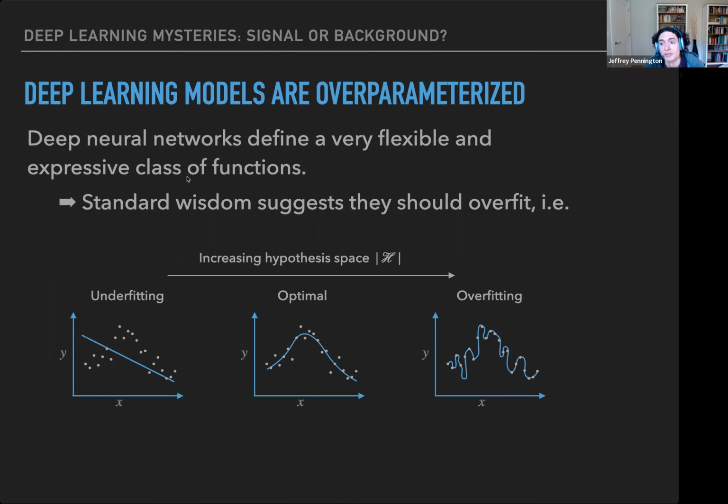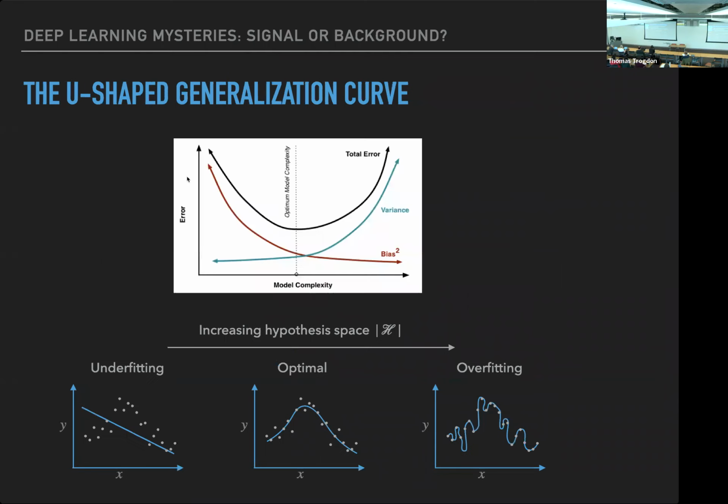So high in the overfitting regime, you have enough capacity to fit all the training points. And when you do that, the standard wisdom suggests that away from the training support points, the function should and does vary wildly.